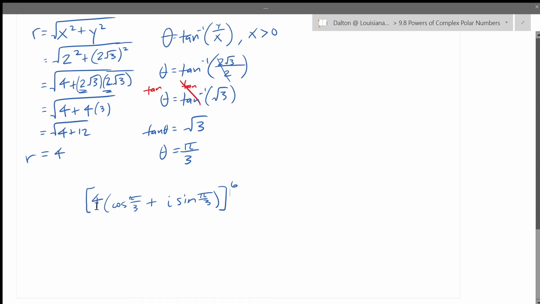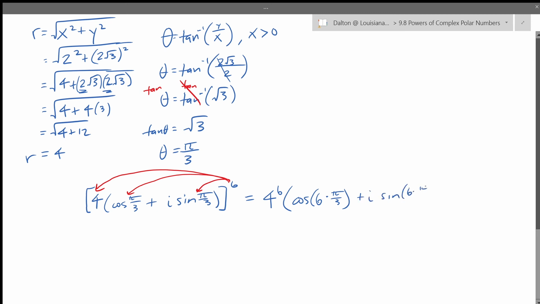So then if you plug this into De Moivre's theorem, the 6 will then apply to all three of those terms. So then we get 4 to the 6th power times the cosine of 6 times pi over 3. So remember, this 6 applies to the 4 out front, and then it drops into each of these angles as well. So 6 times pi over 3 plus i times the sine of 6 times pi over 3.